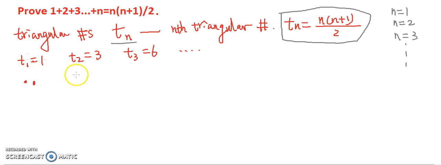Now for the second case, second triangular number, we know we have 2 rows. Normally we will put 1 dot on the top and then 2 dots on the bottom, but we're going to do it backwards. So I'm going to put 2 dots on the top, and the second row I put 1 dot. So second triangular number has 2 rows, 2 dots on the top and 1 dot on the bottom.